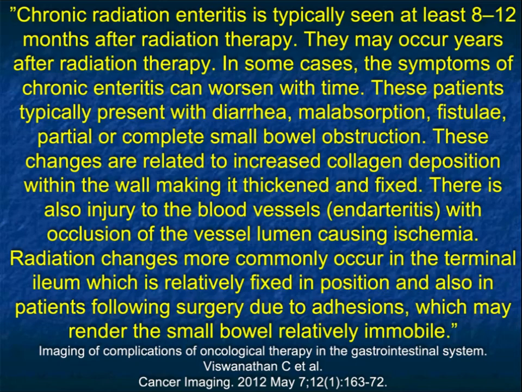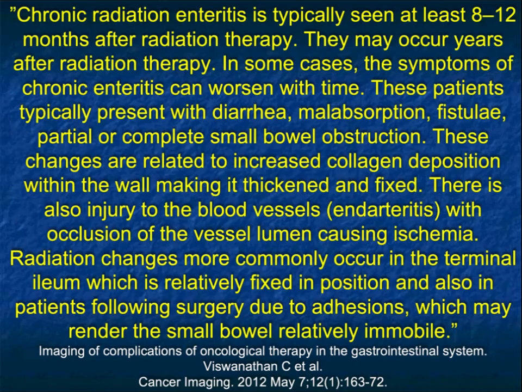These include complications like diarrhea, malabsorption, fistulae, and partial or complete bowel obstruction. These changes are usually related to the increased collagen deposition within the wall of the bowel, making it thickened and fixed. So typically, we'll be dealing with acute radiation enteritis, but you can have chronic enteritis.